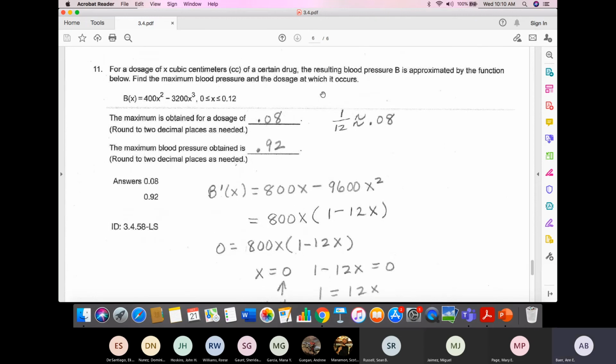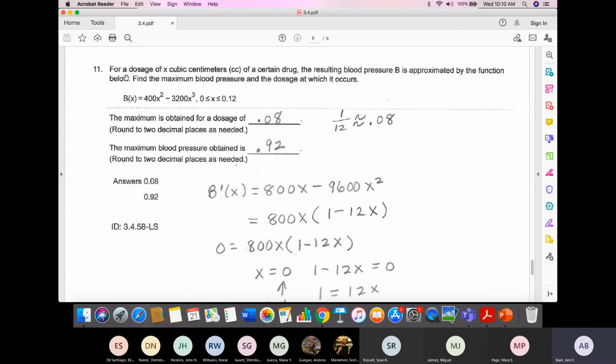So what do we want to do here? We're looking for the maximum dosage, and they tell us that. So we know we're looking for a maximum. And we're looking for the maximum blood pressure obtained. So let's find the maximum dosage first.